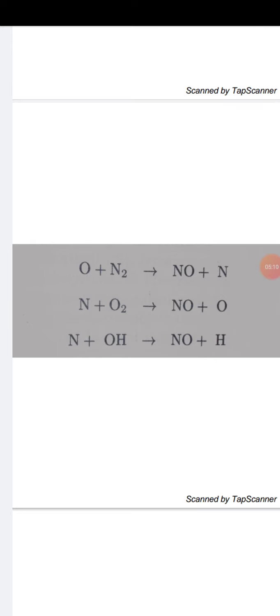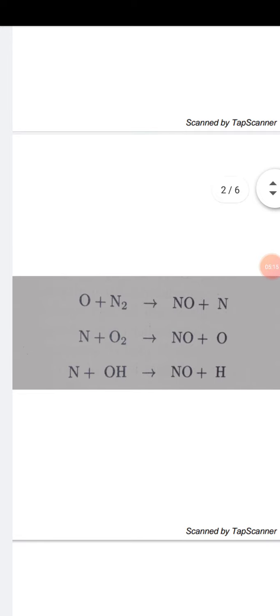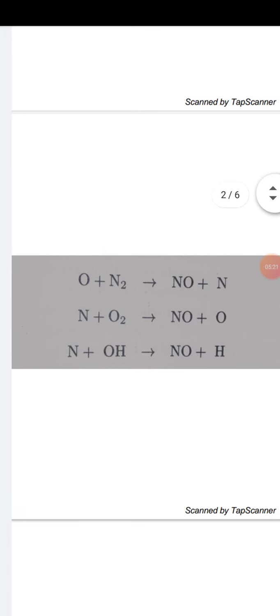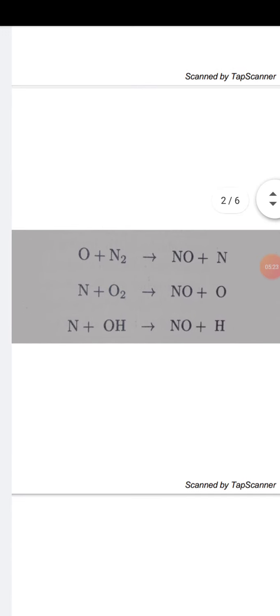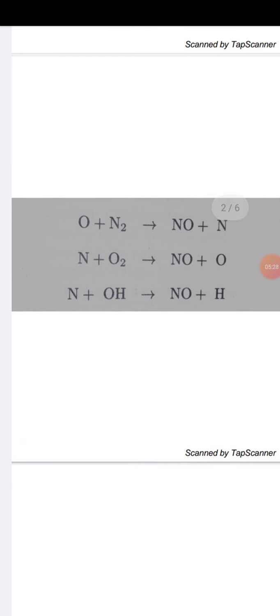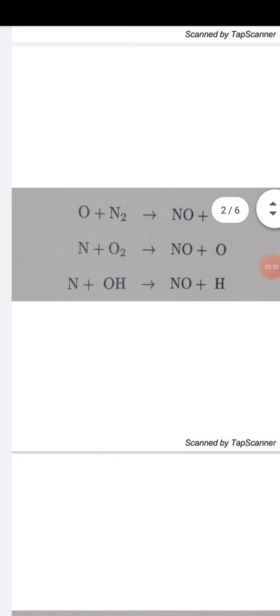Now for NOx formation, here you can see some equations. Oxygen reacts with nitrogen to form NO and nitrogen, and nitrogen reacting with the hydroxyl radical may also generate nitrogen oxide.